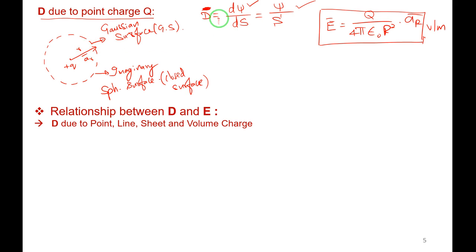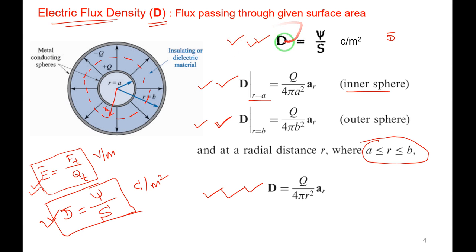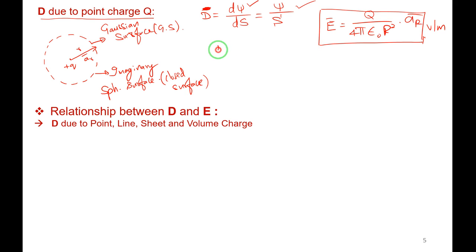I will make use of the definition of electric flux density. Here we have seen flux passing through unit surface area. So D is equal to flux passing through unit surface area. So what is psi?